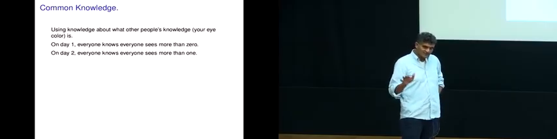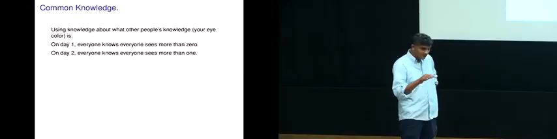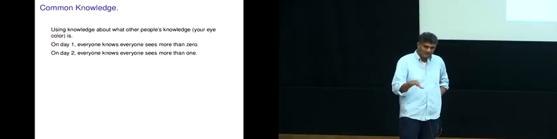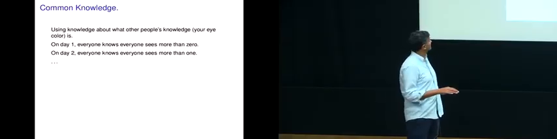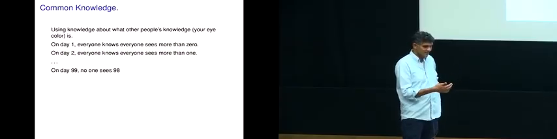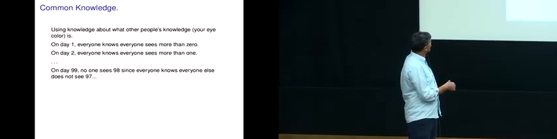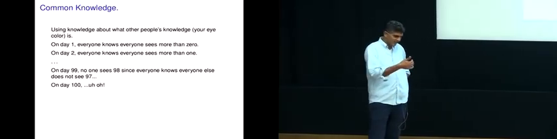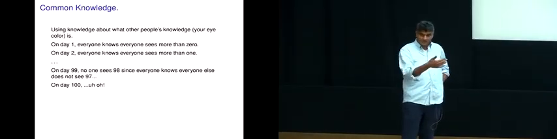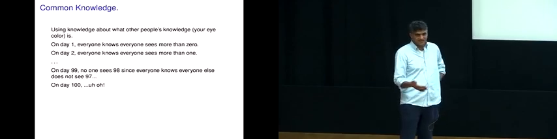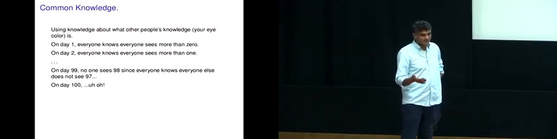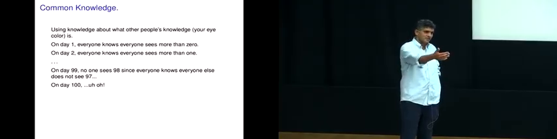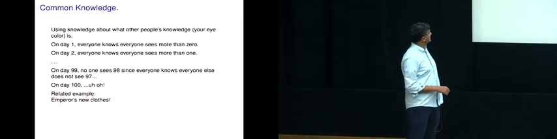I know that everybody sees more than one. Not only do I know what I see, I know that everybody else knows this fact, and so on. That's the argument here. Okay? So, on day 100, you see 99 others, and those 99 others didn't see 98. Right? And so on. And you just induct backwards, right?